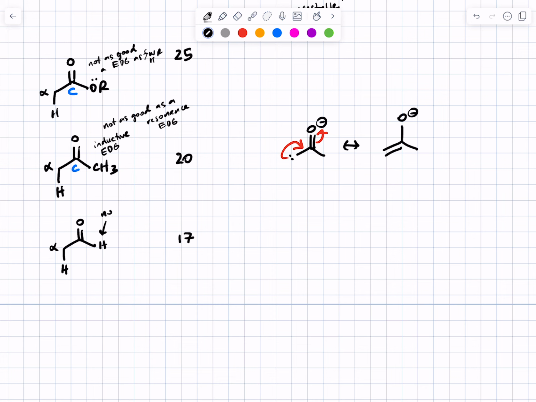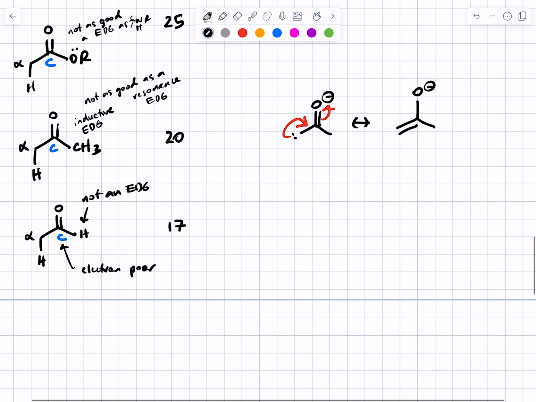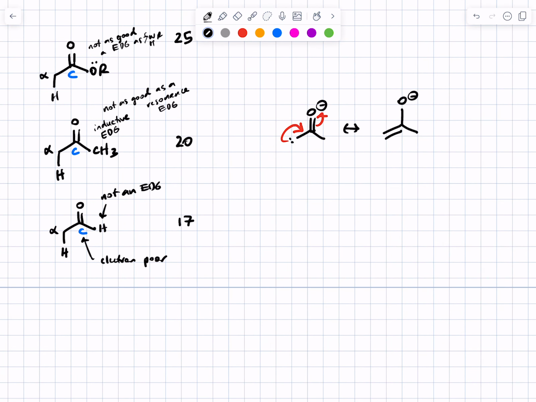The proton is not an electron donating group, so the carbonyl carbon of the aldehyde is relatively electron poor, and that means that resonance stabilization of the resulting enolate is more important, and therefore the resulting enolate is more stable. All right, more stable enolate leads to more acidic alpha proton.